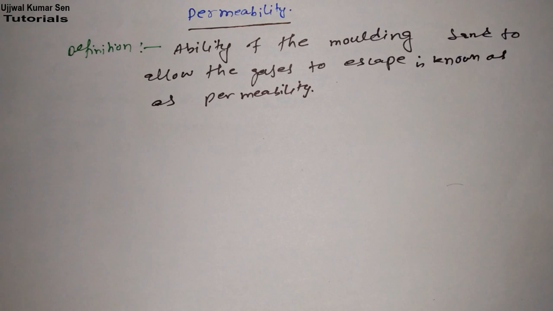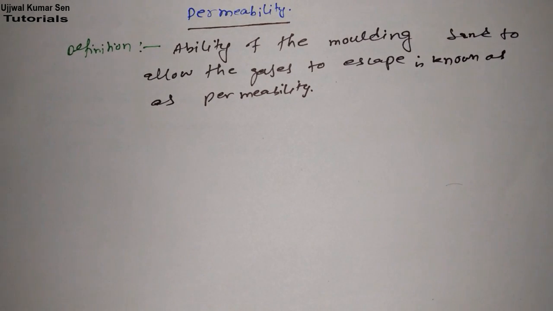I hope you understand what it basically is. It means the ability of the molding sand to let gases escape is known as permeability.